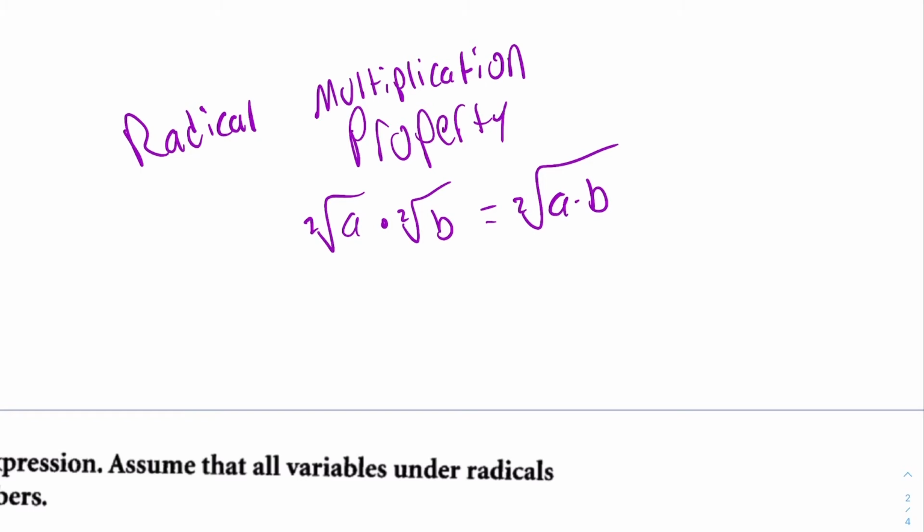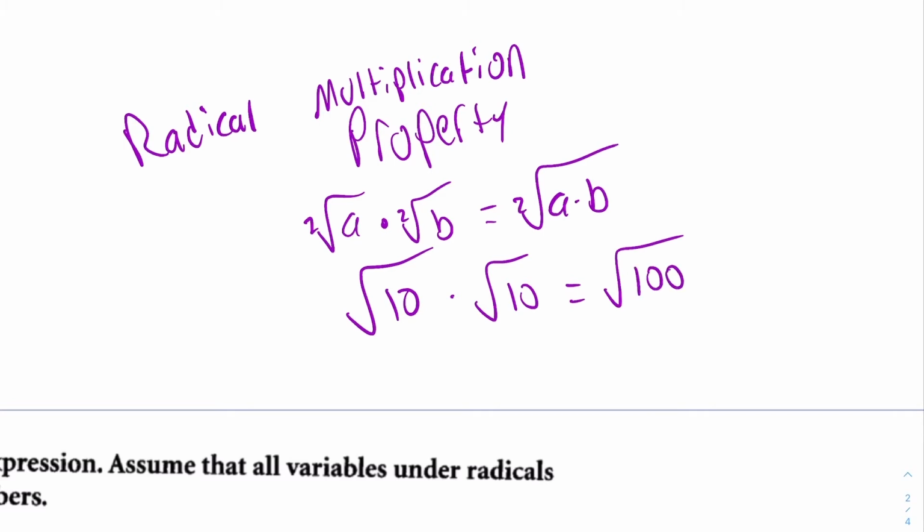So an example of that could be square root of 10 times square root of 10 will be equal to the square root of 100. You can take the 10 from one, the 10 from the other. Since they're both square roots, you can multiply those together to make the number 100. And when you do the square root of 100, you get the answer 10.